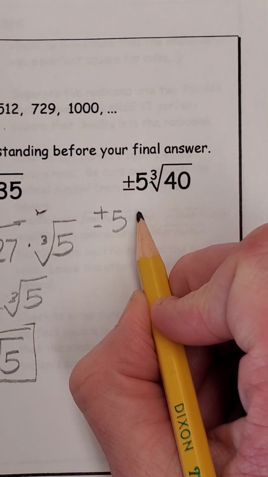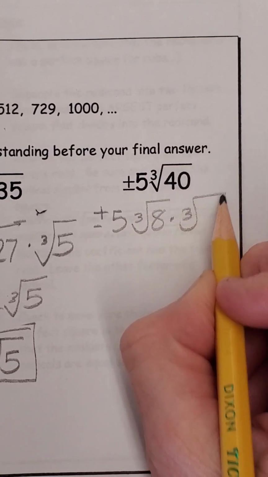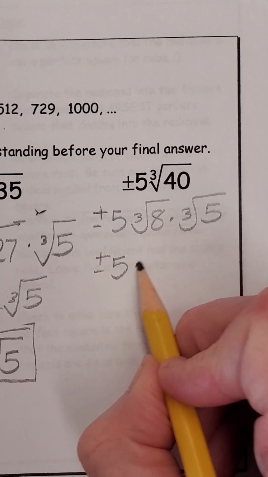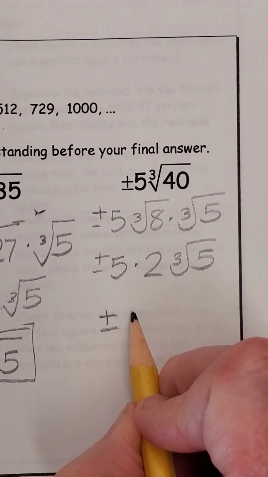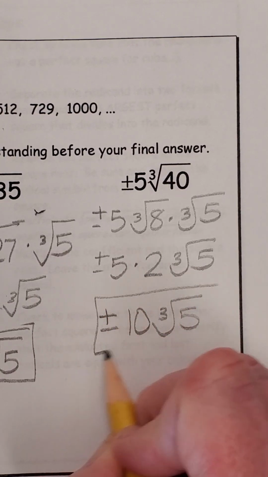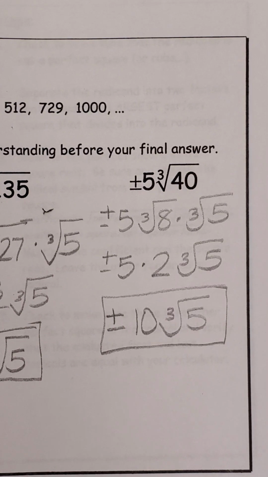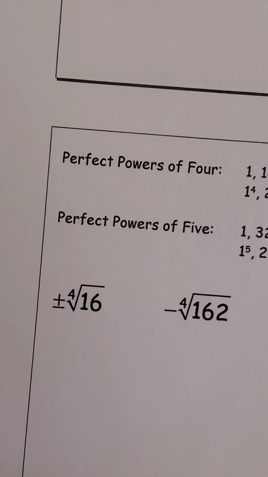So cube root of 8 times the cube root of 5, plus or minus 5 times 2 cube root of 5, and then we have plus or minus 10 cube root of 5. So if you don't have practice with those perfect squares or the square roots that we were working on the other day, then this will be fairly simple, I think, and just take a little bit more practice.